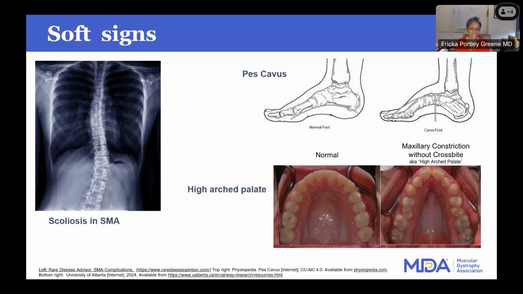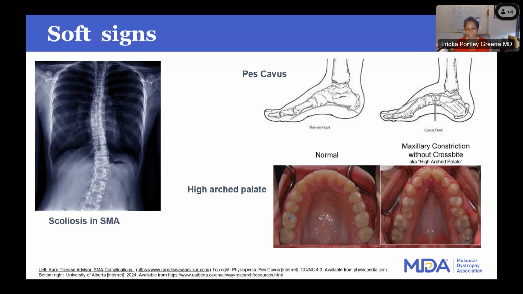And then another soft sign that I particularly pay attention to, again, a soft sign of abnormal musculoskeletal development because of some intrinsic problem, and that is a high arched palate. Again, none of these are specific to neuromuscular disease, but in the context of someone coming to you with some symptomatology, we pay attention to it.